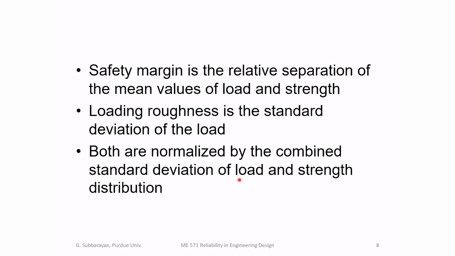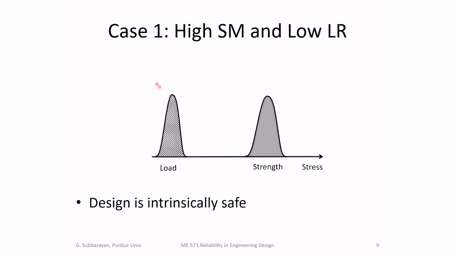Let's look at some scenarios. In case 1, you have a high safety margin and low load roughness. Low load roughness means that the distribution of load is fairly narrow. The standard deviation of load is fairly small compared to the standard deviation of strength.